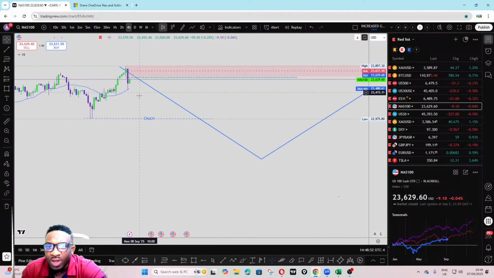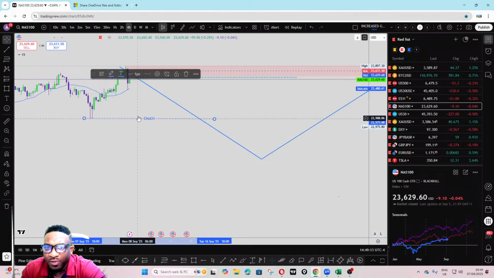So we can see these areas, this low point here and then another low point here. If we have any break here, so this I marked on the daily time frame, that could be a break of structure on the 4-hour.